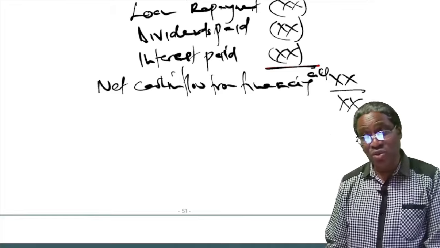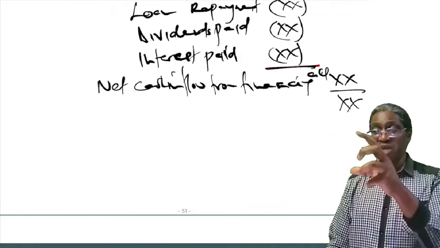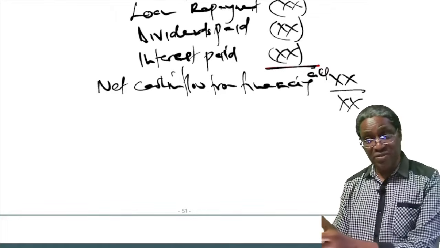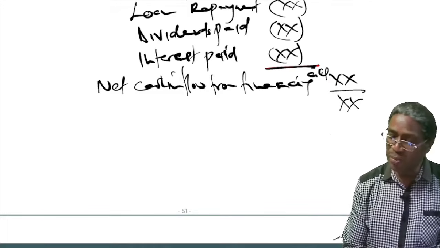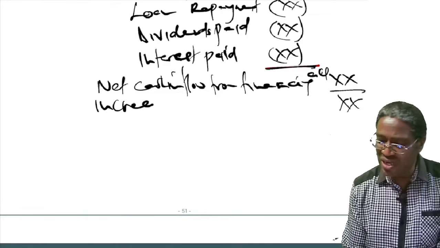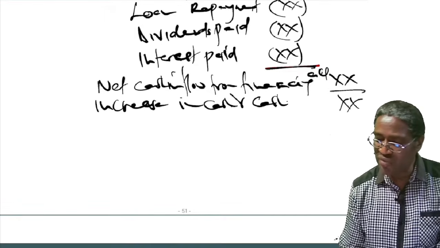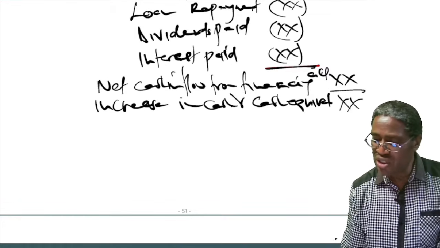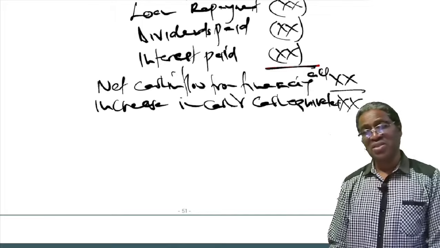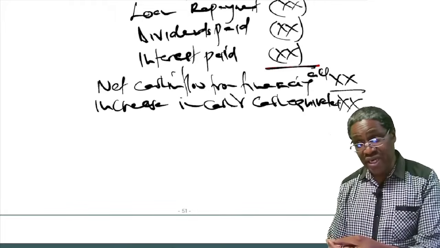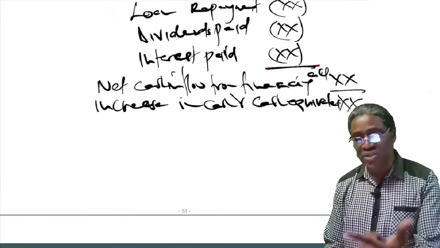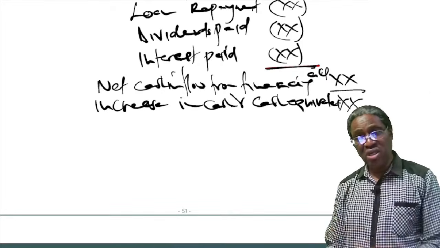That net, I told you, will either be a positive or a negative. If it's a positive, you call it increase in cash and cash equivalent. Alternatively, if it's a negative, you will call it decrease in cash and cash equivalent.